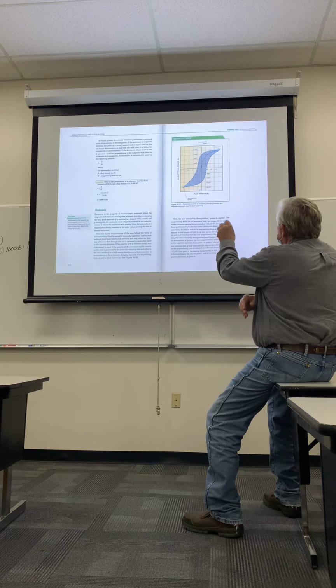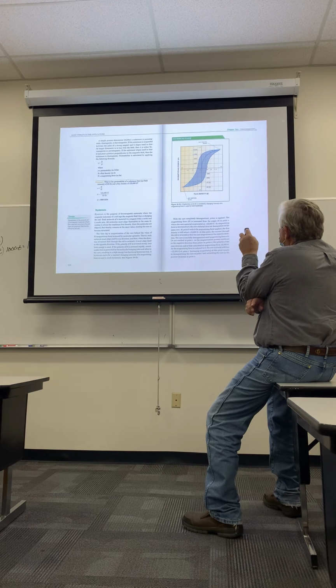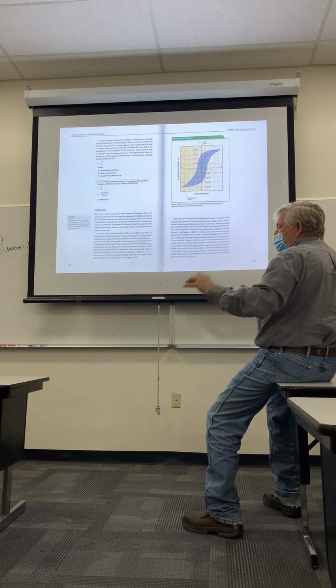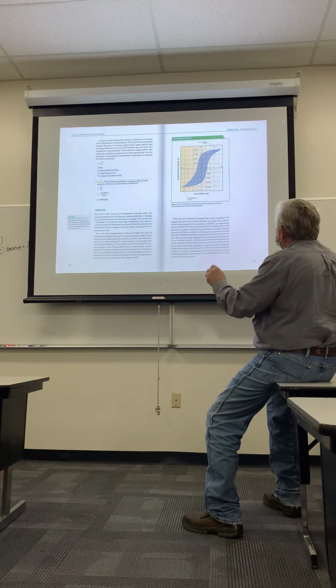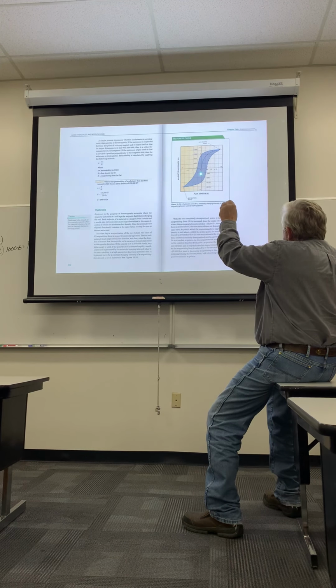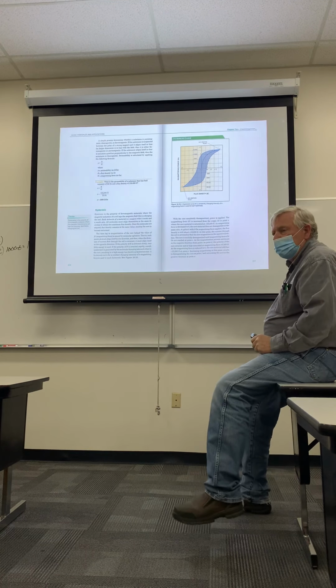You start at 0 right here in the center, okay? And as you increase the current that you're using on that electromagnet, it goes up from 0 up this way to this point here. That's the saturation point.